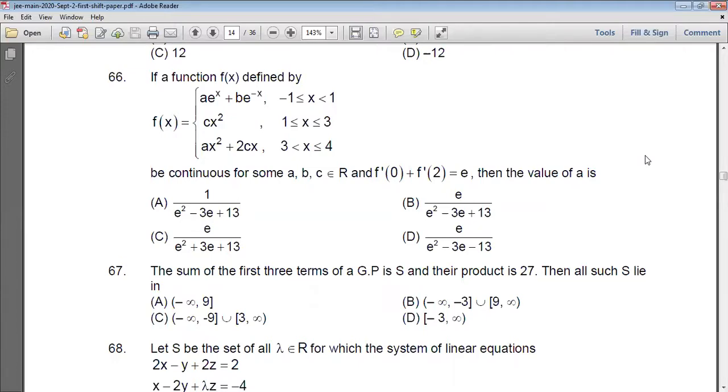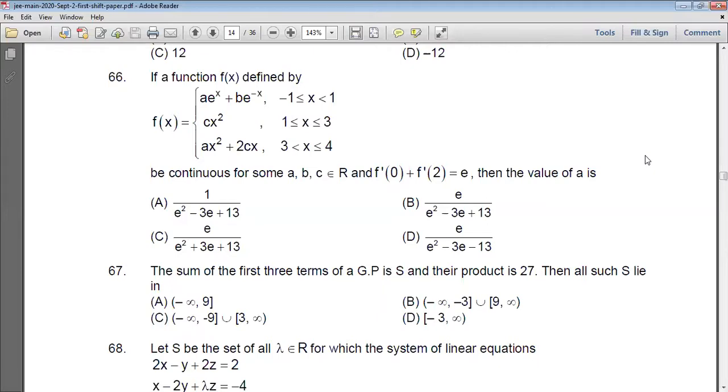It is c x square when 1 less than or equal to x less than or equal to 3, and a x square plus 2 c x when 3 less than x less than or equal to 4.